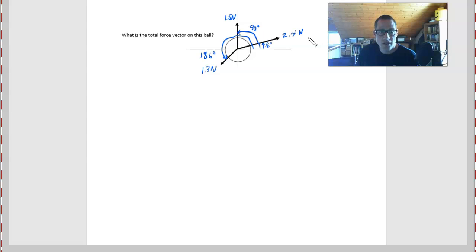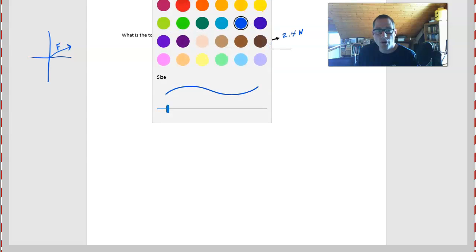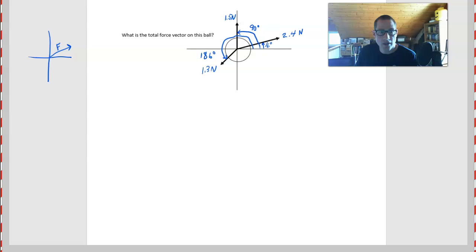If this is the grid and this is the vector here, we're going to just call this F. There is going to be an x and a y component to it. So in red, I'll write down F of x, F with subscript x. That just means in the x direction.